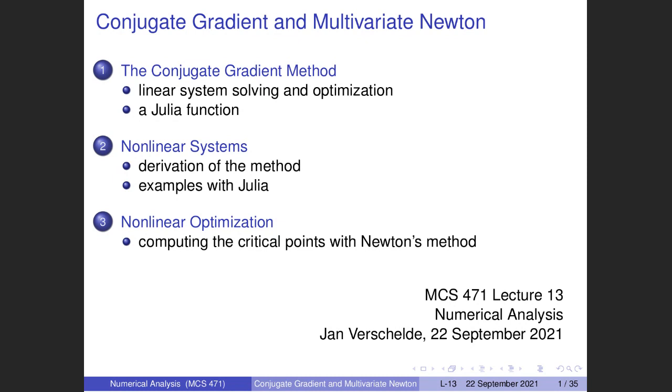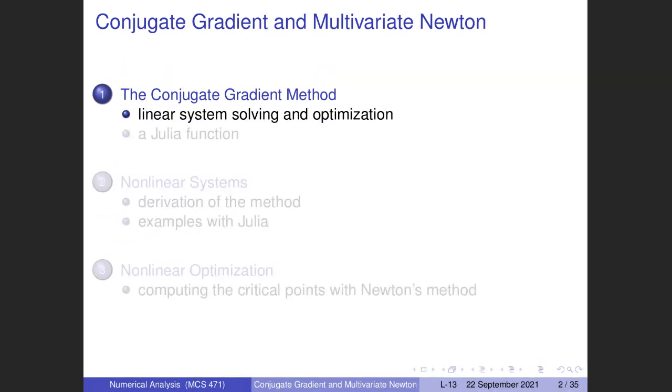Then positive definite matrices occur when one applies Newton's method to finding critical points of a function in several variables. The Hessian is actually the Jacobian of the gradient vector. All right, so let's dive in.